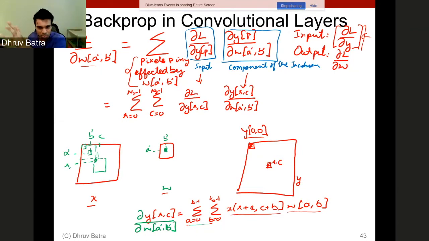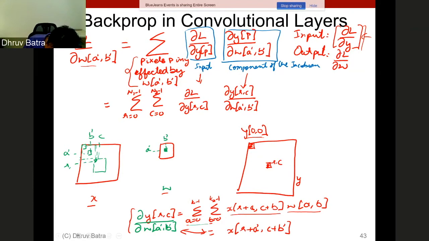Everything else is w0, 1, 1, 1, whatever. It doesn't depend on w0, 0, right? So what pops out of this expression is r plus a prime, c plus b prime. That's what the partial is equal to.